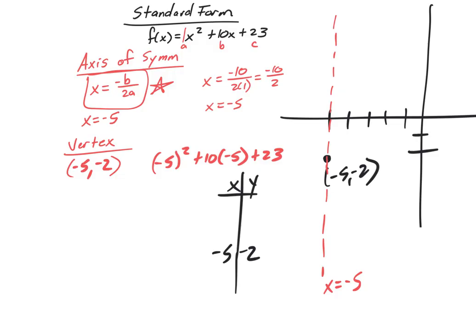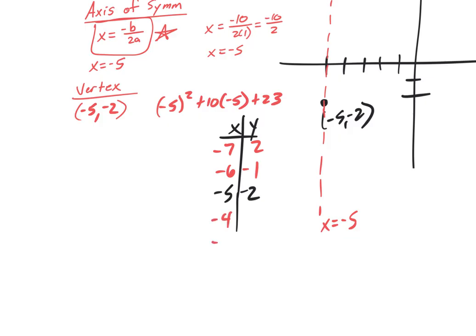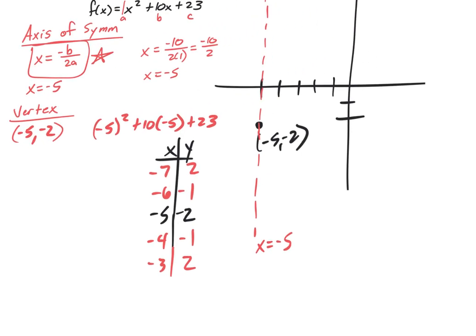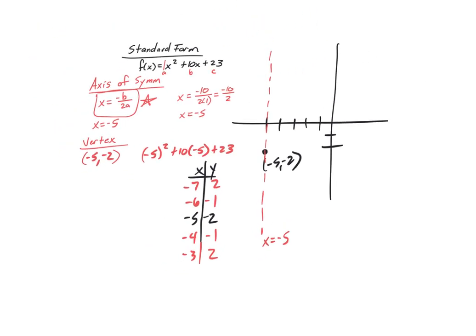So I just need to come up with a couple of points. And this is where your calculator is going to be really, really helpful. Okay? You don't have to generate these points on your own. You have your calculator to help you out. And I've told you. -6 and -4 are both at -1. -3 is at 2.